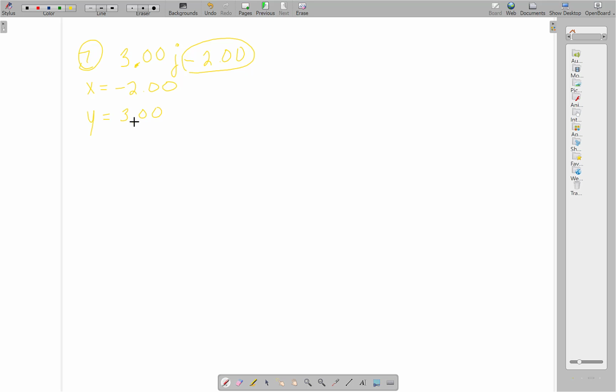So we do the same thing that we did before, and we take r is equal to the square root of negative 2.00 squared plus 3.00 squared, which is going to give us 3.6055, which equals 3.61, and we go to 3.61 because they gave us the original numbers to the hundredths place. So r is equal to 3.61.